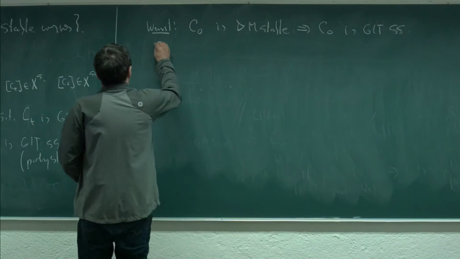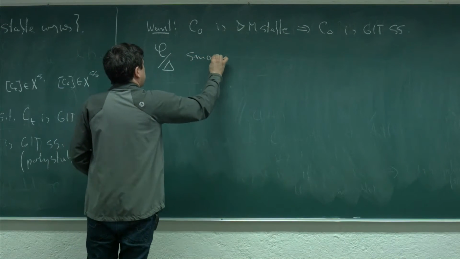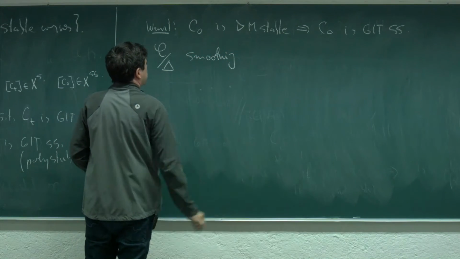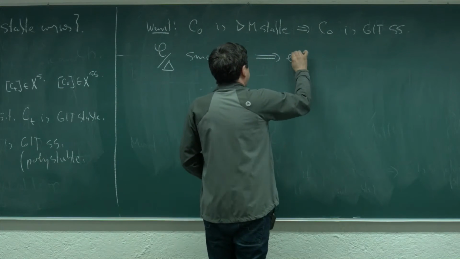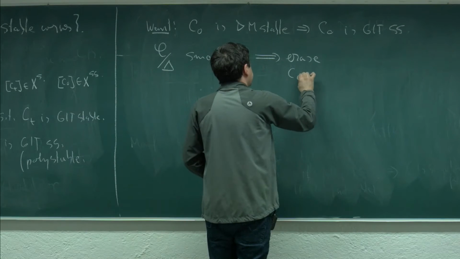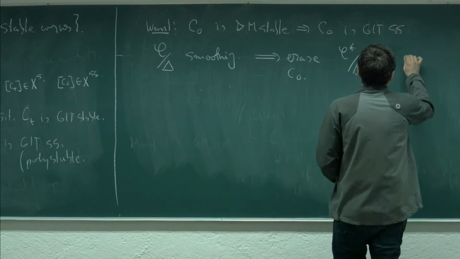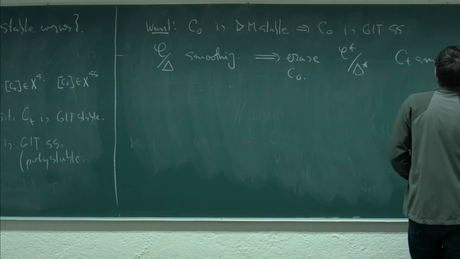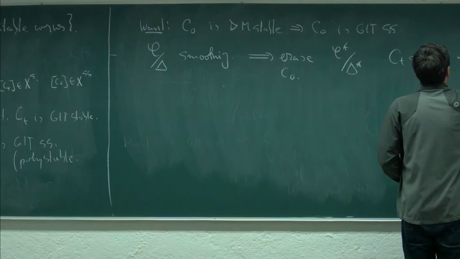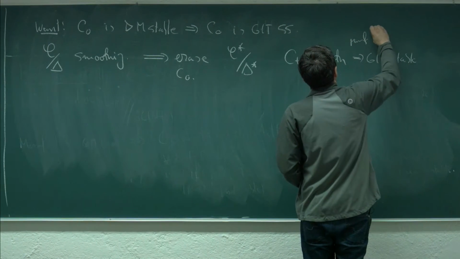So why don't I take a smoothing? I take C delta as smoothing. And then I erase C0. So I'm considering just the family over the punctured disk. So C_t is smooth. So this means, in particular, GIT stable by Mumford, Mumford 65.